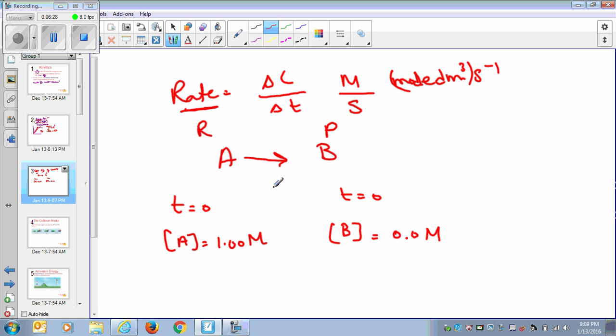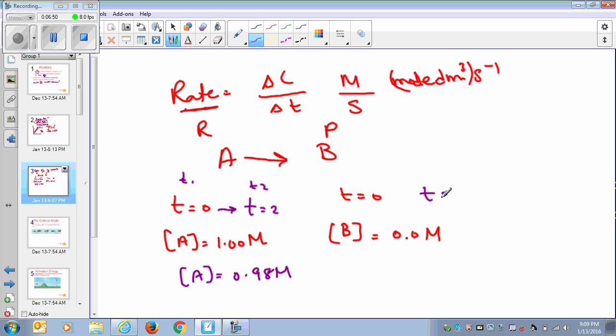So now let's assume that the reaction starts. The time has passed to 2 seconds. So now the time is 2 seconds. This is my T1 and this is T2. And the concentration of A has gone down to 0.98 molar.